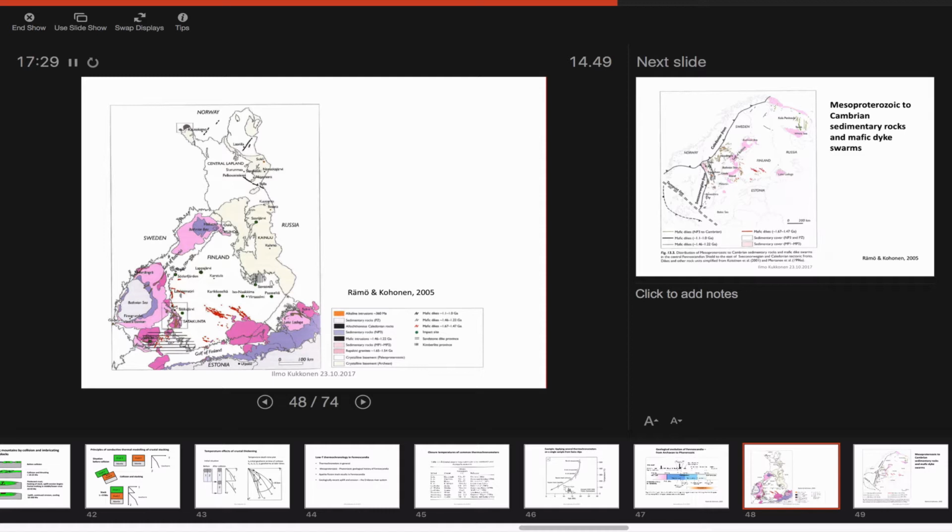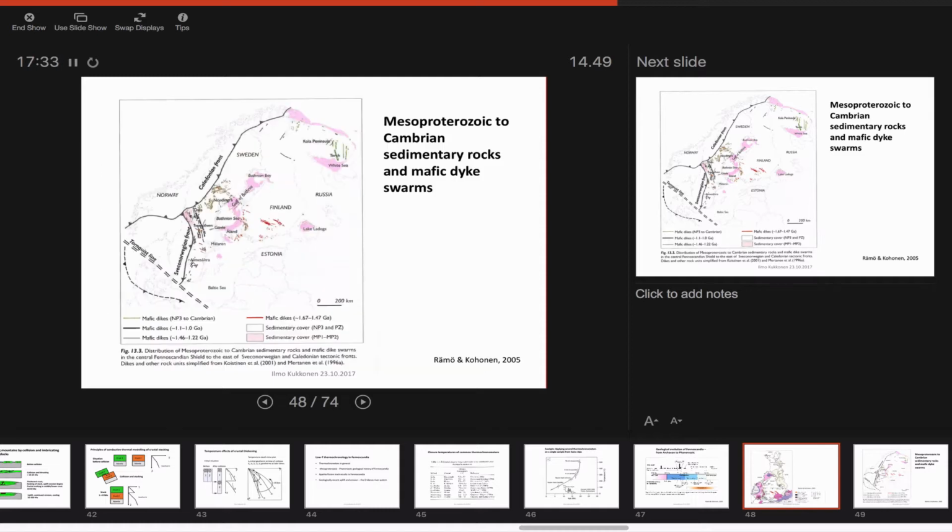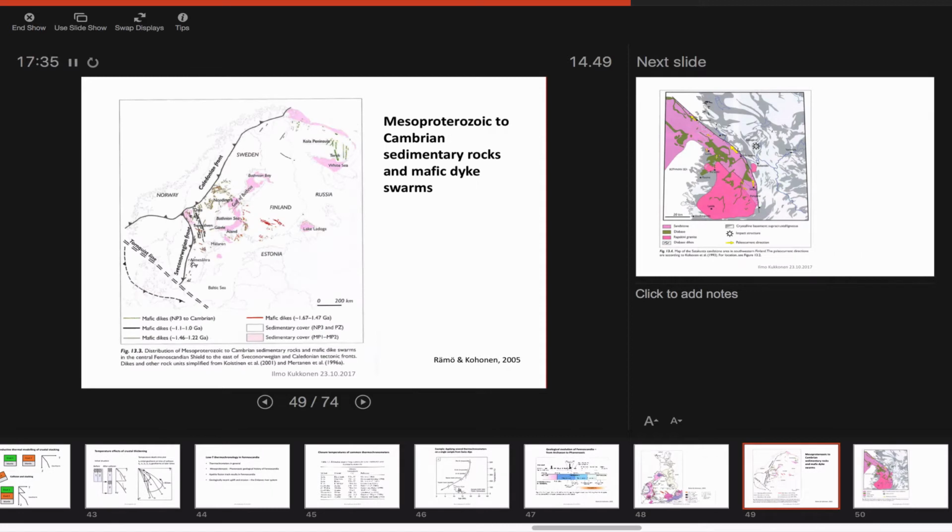Now, having this kind of distribution of younger rocks, you can look at how the sedimentary rocks and the mafic dike swarms are distributed in the area, and you can see that we have small occurrences of different kinds of dikes here and there.